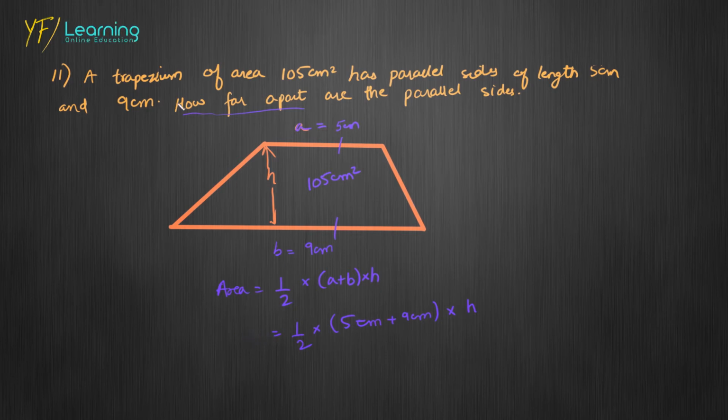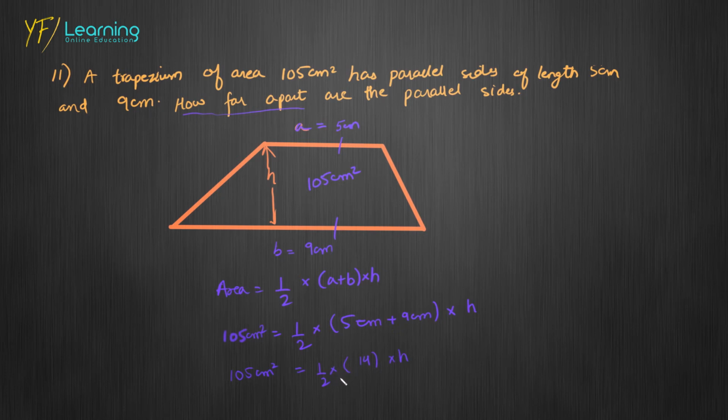So in place of area, write the value of area, which is 105 centimeter square. 105 centimeter square is equal to half times 9 plus 5 is 14 times h. H is not given. You have to calculate the value of h.